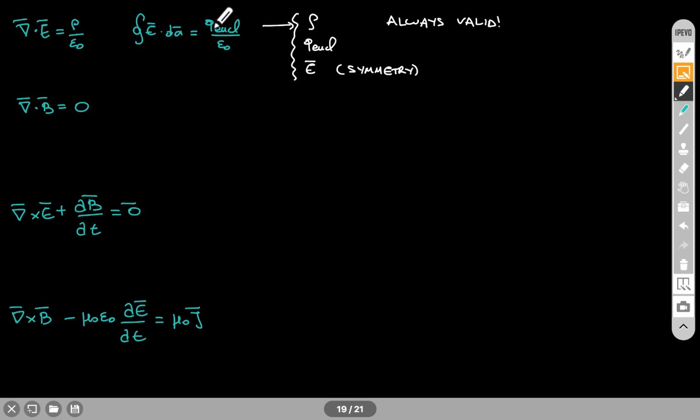So if you assume that you have a single point charge, let's say at the origin, and you use a spherical shell for your Gaussian surface, you will find that the electric field is given by Coulomb's law. So remember that Gauss's law includes, in a way, Coulomb's law.